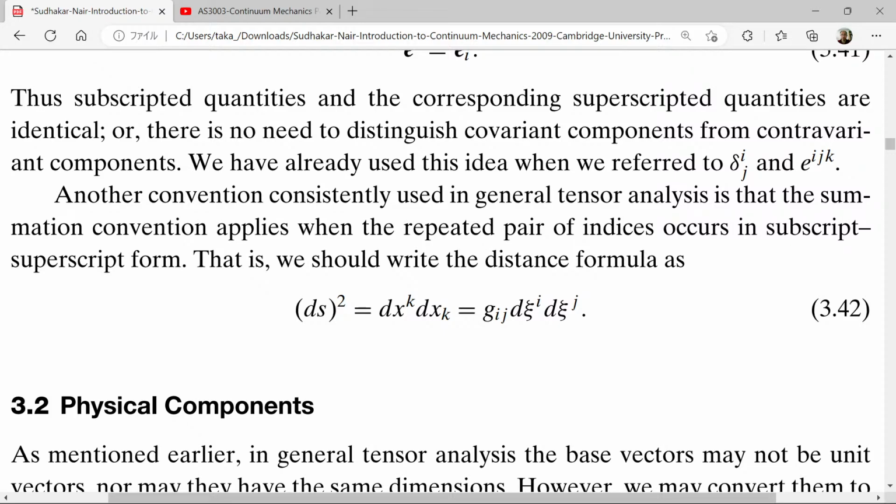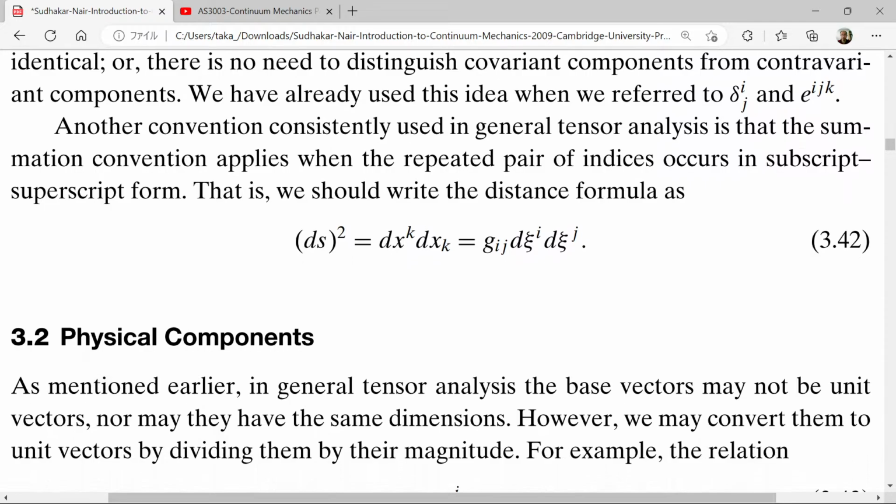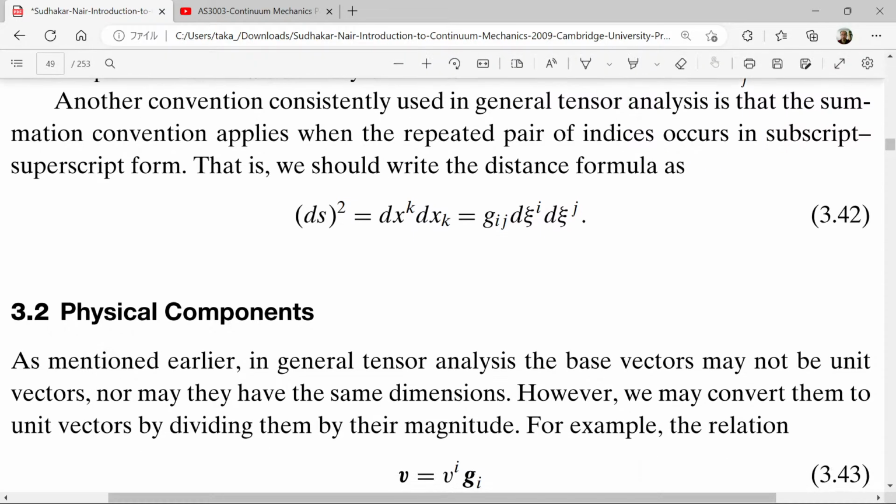That is, we should write the distance formula as this. So K and K are summation convention. I and J are summation convention.